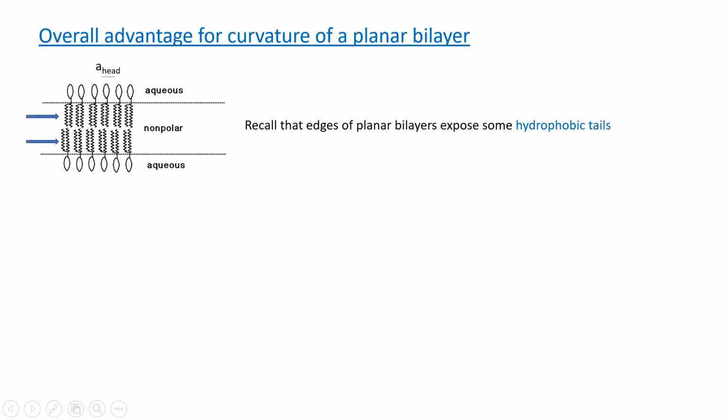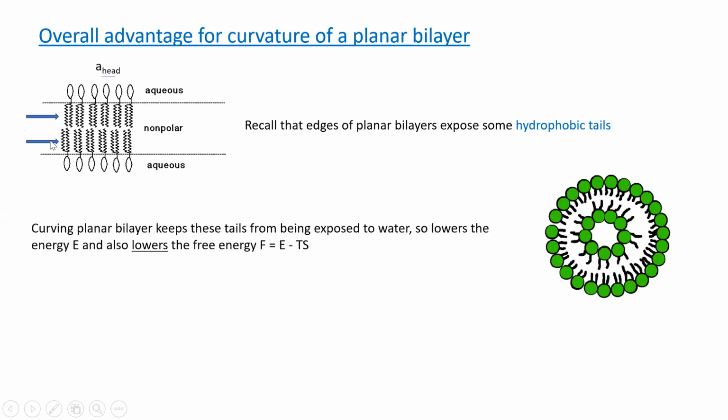But recall that the edges of the planar bilayers expose some of the hydrophobic tails. So if we just have a straight linear planar bilayer, we have an energy penalty from these exposed hydrophobic tails exposed to the aqueous solution of the cell.